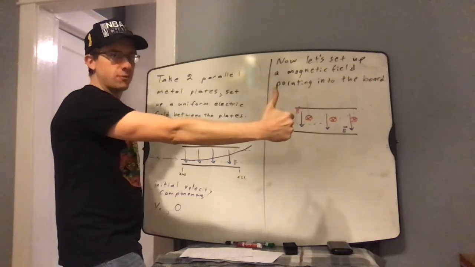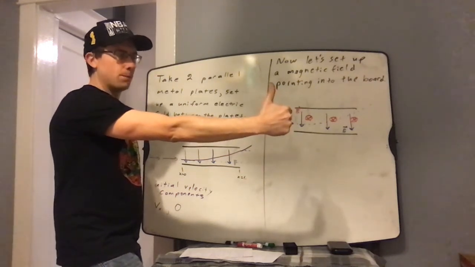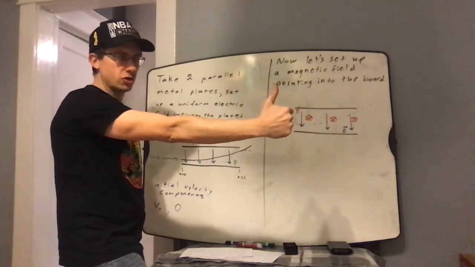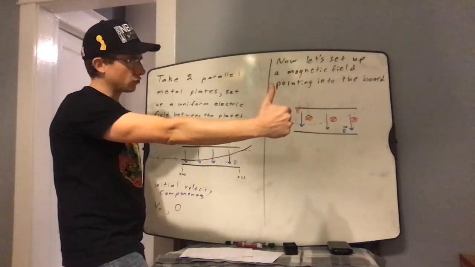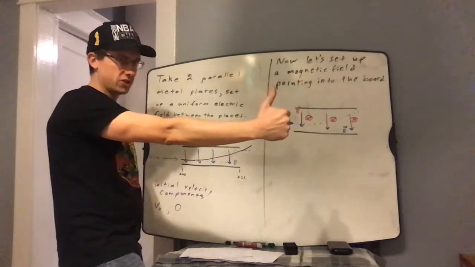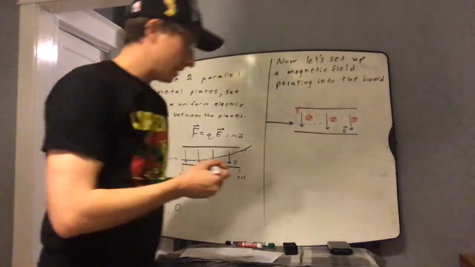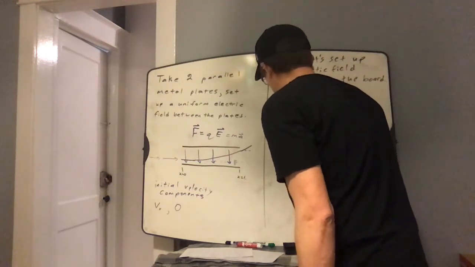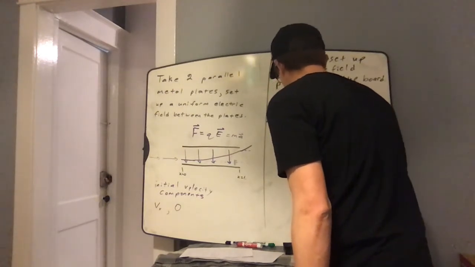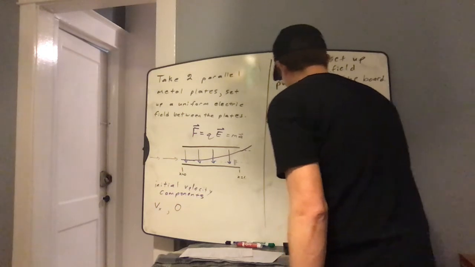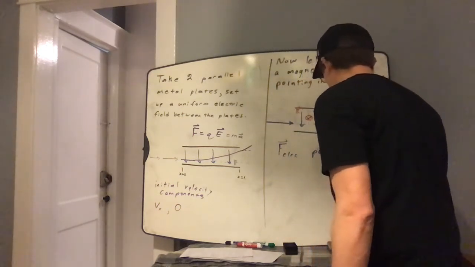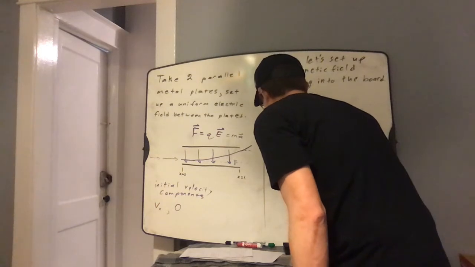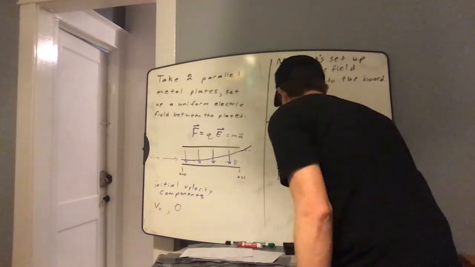When I raise my thumb it is pointing upward, but I remember that an electron is a negative charge, so the direction of the force on the electrons due to the magnetic force is going to be downward. So the electric force, F electric, pushes up, and the magnetic force, F magnetic, pushes down.